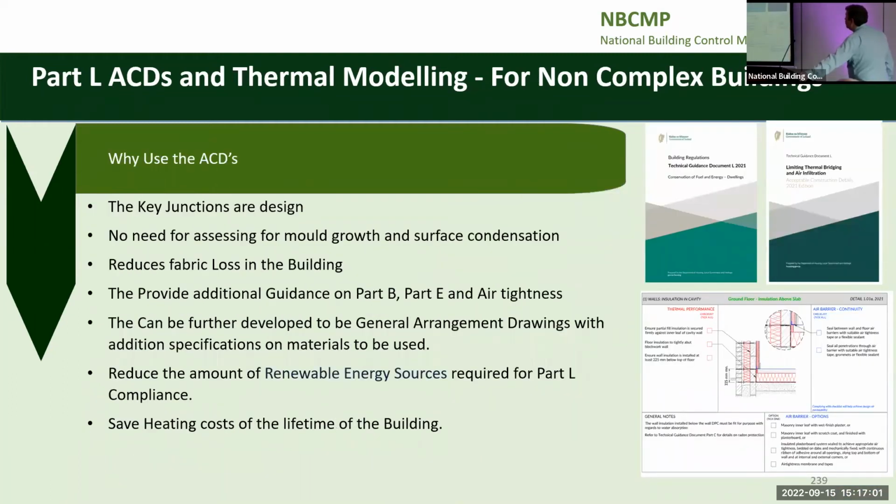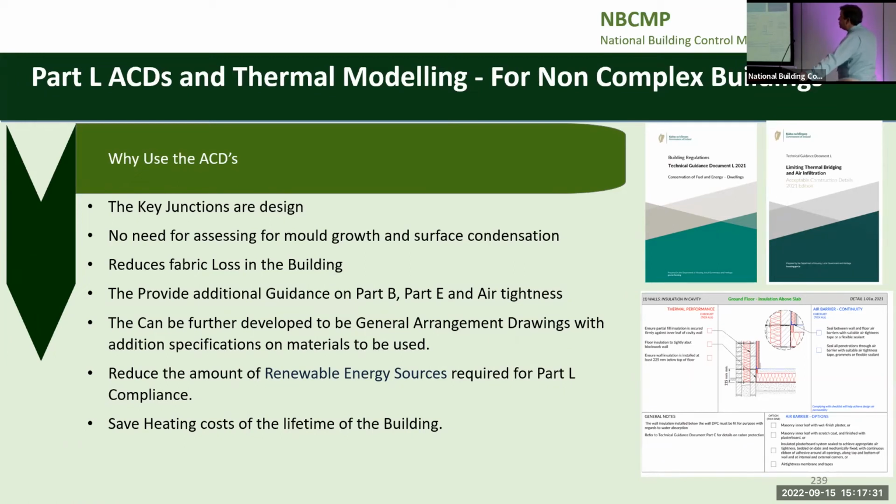So why use the ACDs? Heat junctions are designed for you. No need for assessing for mold growth or surface condensation. It reduces fabric loss in the building. It provides additional guidance on Part B, E, and air tightness, mainly. They can be further developed into general arrangement drawings with additional specifications on materials to be used.